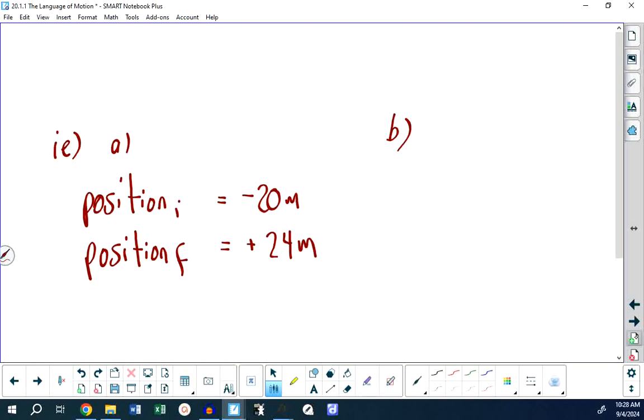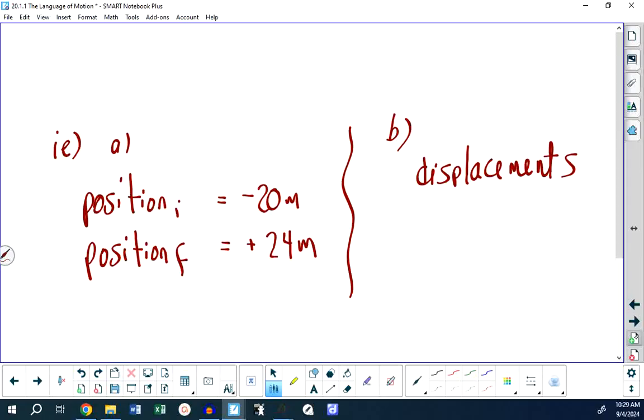And then I have a different situation where I have the following displacements. So I'm telling you, in the first case, no information about what the object did. I'm just giving you a snapshot of the beginning and a snapshot of the end. I'm saying where it starts and where it finishes.